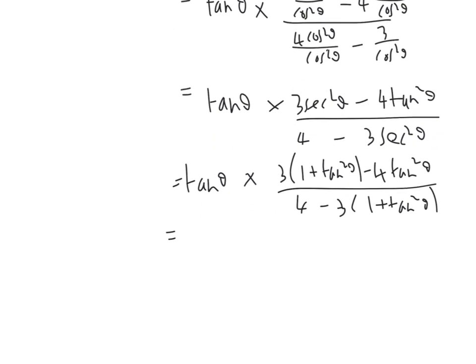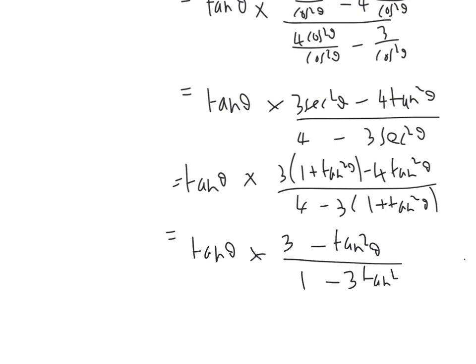Now a matter of tidying that up, I've got tan theta times, on the numerator, we've got 3, and then we'd have 3 tan squared minus 4 tan squared, which is minus tan squared theta. And on the denominator, we'd have 4 take away 3, which is 1, and then minus 3 tan squared theta.